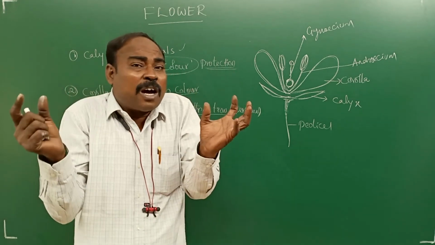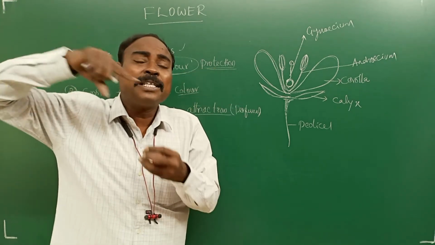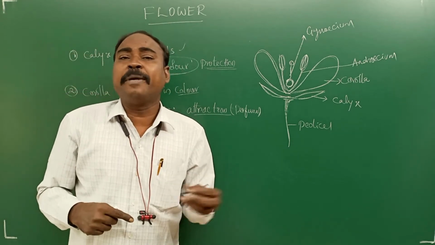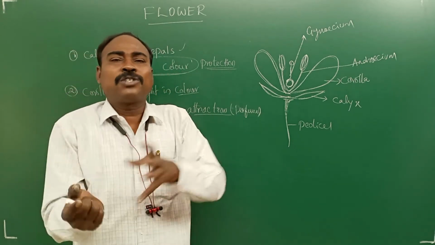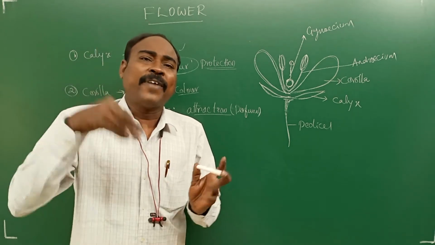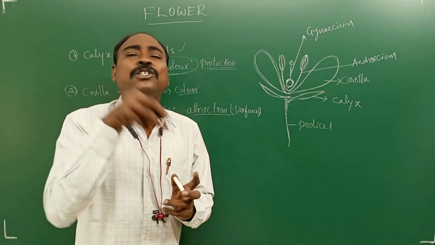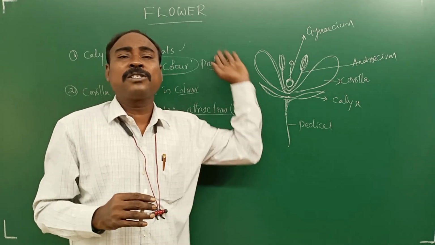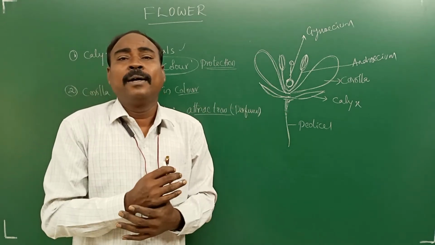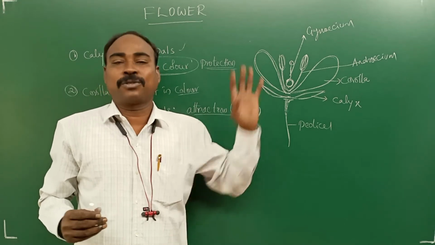So the male gametes are present inside the pollen grains, that is the male gametophyte, which is transferred to the stigma, enters into the style and finally reaches the ovary. There in the ovules, female gametes are developed. So the male gametes reach the female gamete through a process called pollination in higher plants, flowering plants.